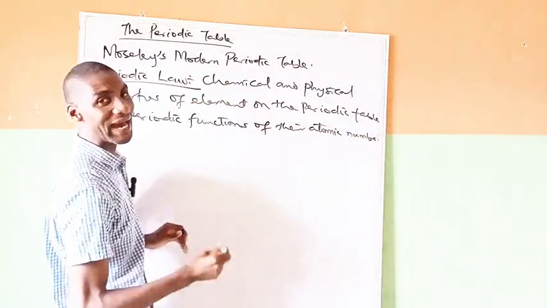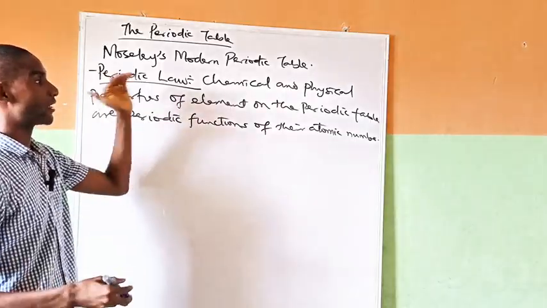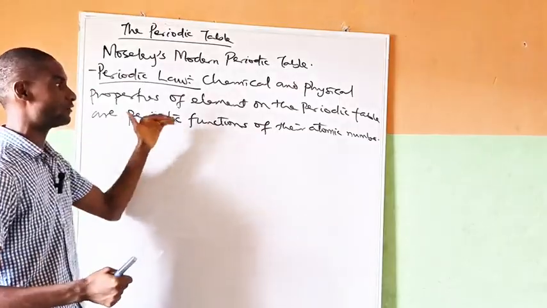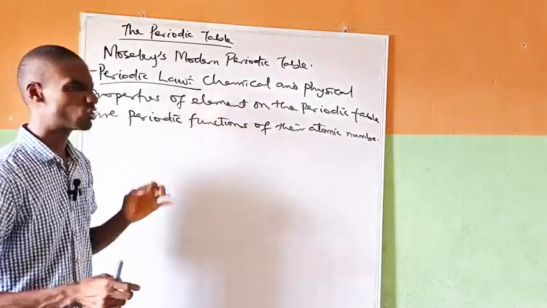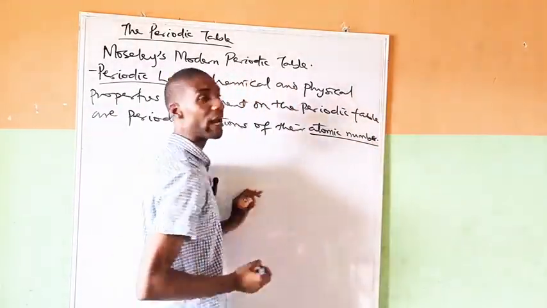So you could be asked in your exam to define the periodic law. The law states that the chemical and physical properties of elements on the periodic table are periodic functions of their atomic number. Please put emphasis on atomic number.